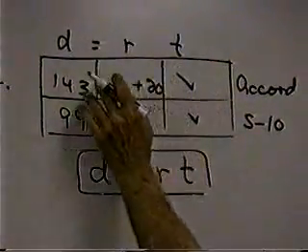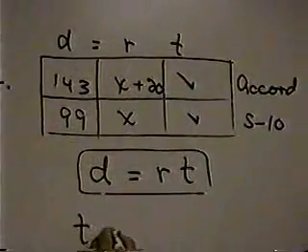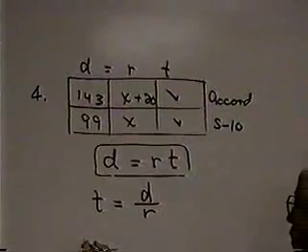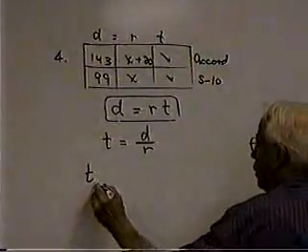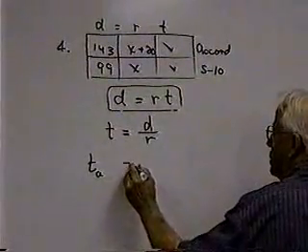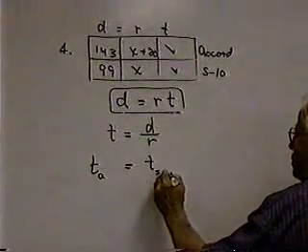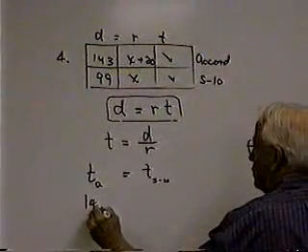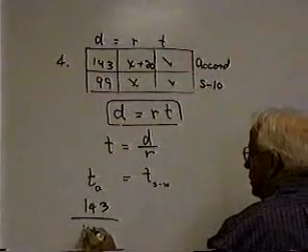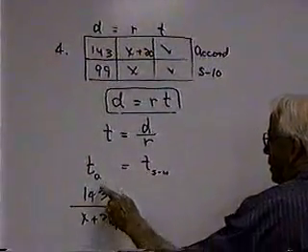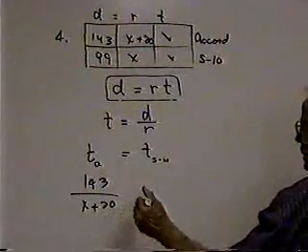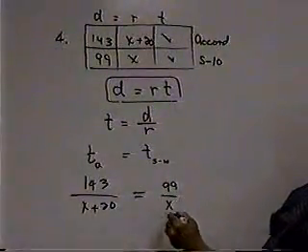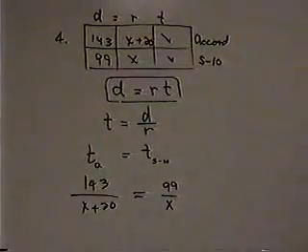The time here, which is time equals distance over rate, I'm sorry. So therefore, the time of the Accord is equal to the time of the Chevy S10. So the distance that the Accord travels over rate is the same time as that one is.